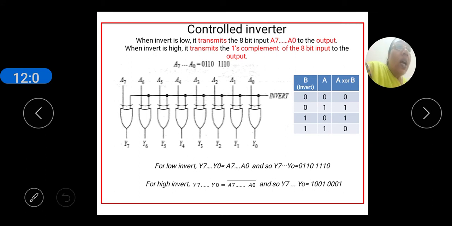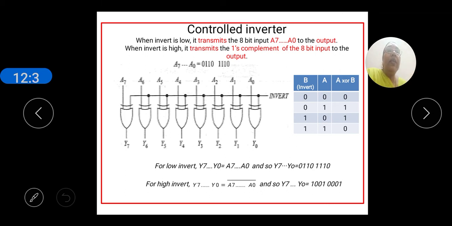Now controlled inverter means it performs the inversion under a controlled situation. When a control has a particular value, it will find the complement of the given binary bit. If the control has some other value, it will not perform the complementation. So the circuit is named as controlled inverter.